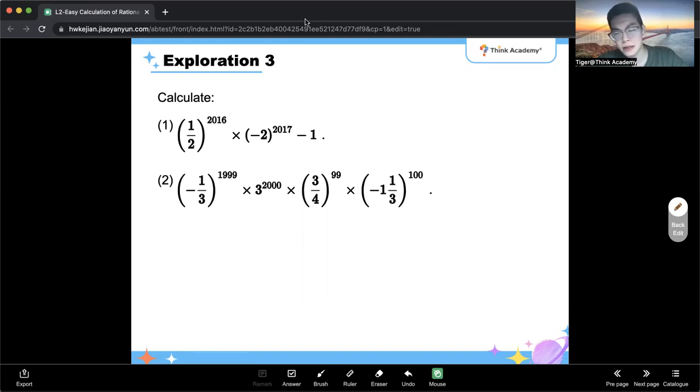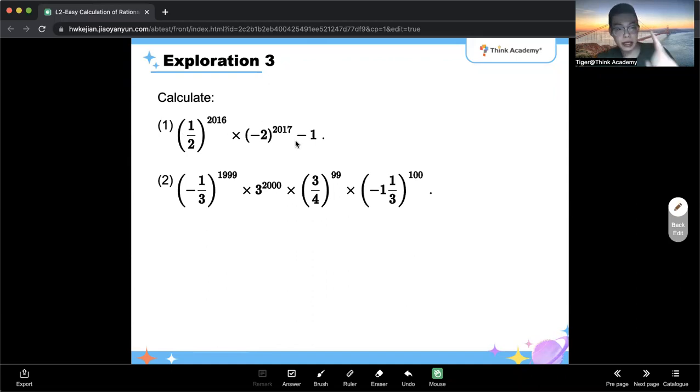I don't think so, right? It's pretty much impossible for anyone to calculate such a large power without the help of a calculator. But we don't actually need a calculator here. We can definitely calculate these questions without the help of a calculator.